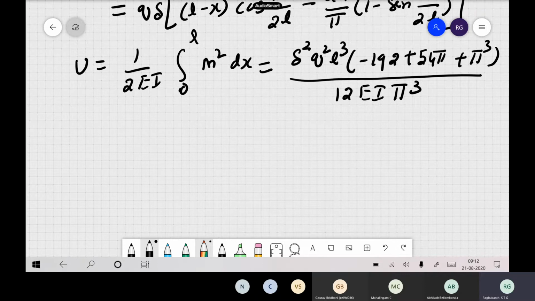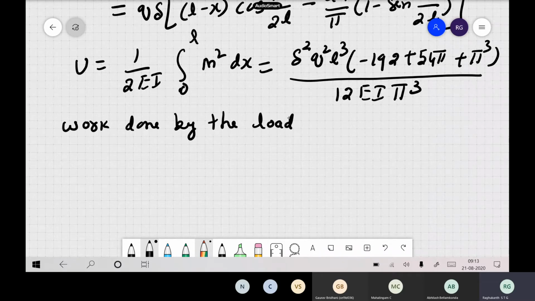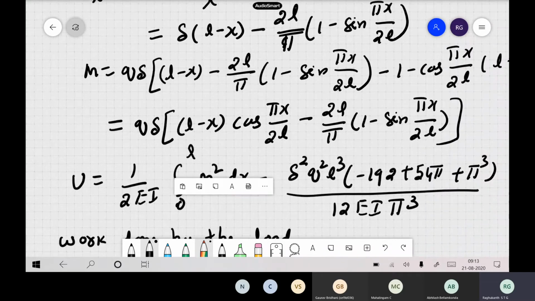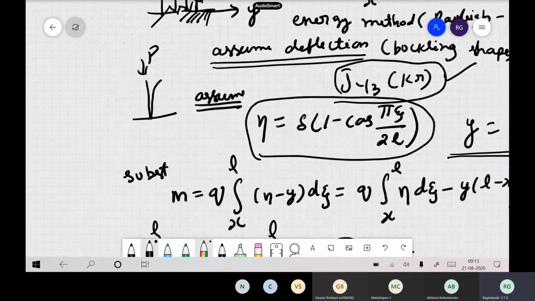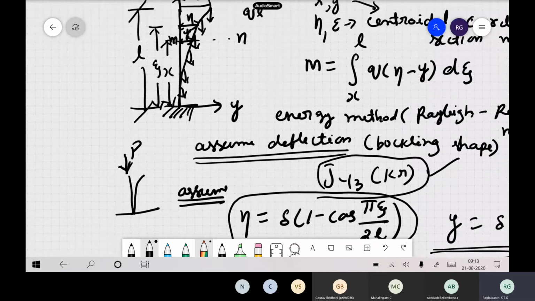And now you have to find out the work done by the load also. What is the work done by the load? Previously, you remember, we had only a concentrated load. So if the load is P, previously we derived P by 2 into dy by dx whole square. But now our load is a distributed load, not a concentrated load.